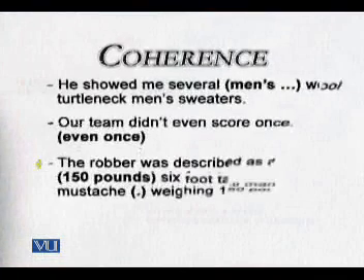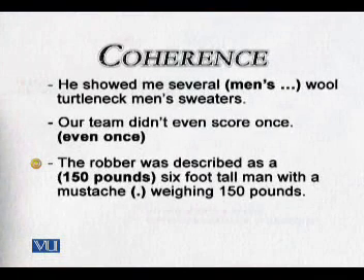What were we actually trying to say? Was 150 pounds for the mustache or for something else? Let's look back again and decide what the 150 pounds is modifying. Coming back to the sentence again, the robber was described as a 6-foot tall man.